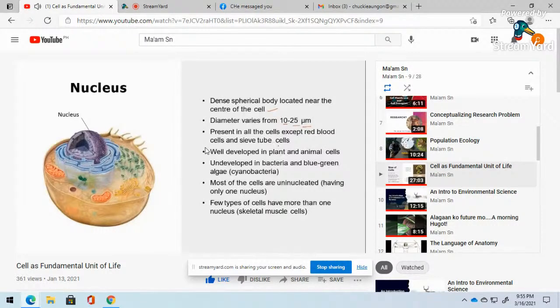So the red blood cells or the RBC lack a nucleus. It is well developed in plant and animal cells, underdeveloped in bacteria and the blue-green algae, and most of the cells are uninucleated, meaning having only one nucleus. A few types of cells have more than one nucleus. The best example is the skeletal muscle cells.